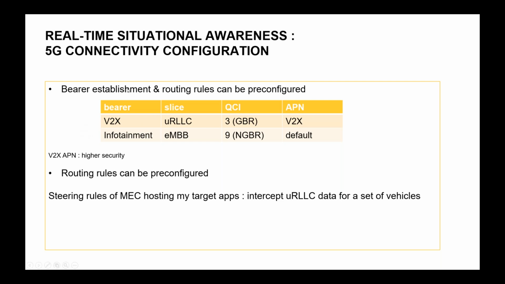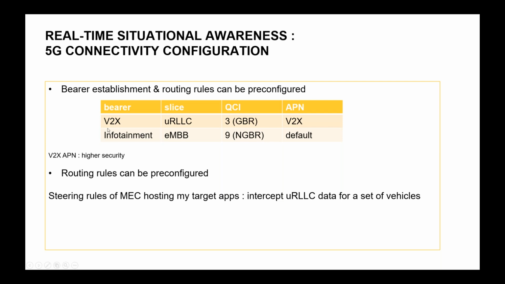So when you attach to LTE, you can have an agreement with your telco so that it creates two types of bearer. One connectivity focuses on infotainment, which will be mapped on an eMBB slice with a non-guaranteed bitrate bearer, so no guarantee of the quality of service.